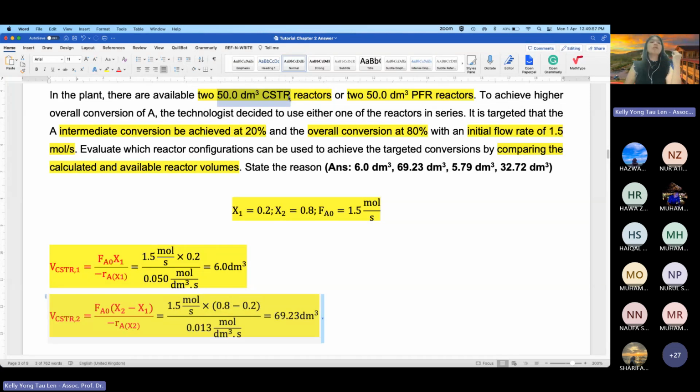So your reactor volume needed is bigger than the available reactor. So CSTR2 cannot be used in your configuration. Although CSTR1 can be used, CSTR2 cannot be used. Therefore, we can conclude that the CSTR in series cannot be used, because you cannot only use one, you must use both. But the second reactor volume is bigger than the available one. Since we cannot use reactor 2, we cannot use the CSTR configuration. So that's the case for CSTR.